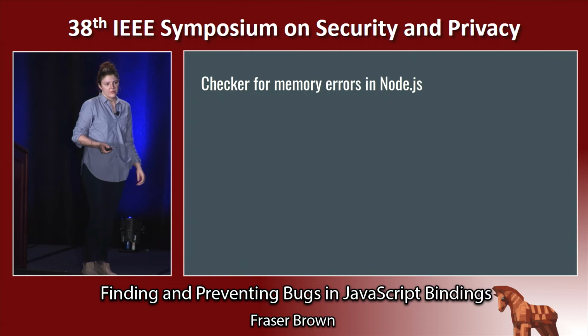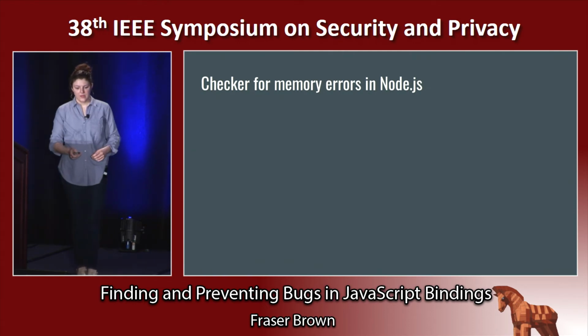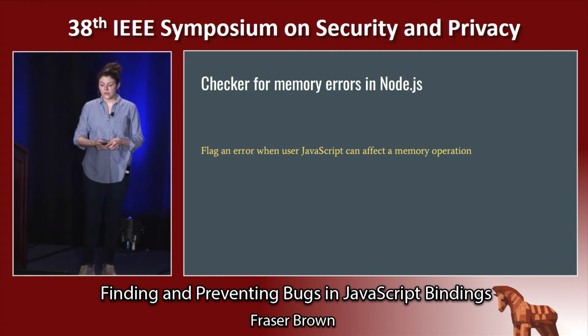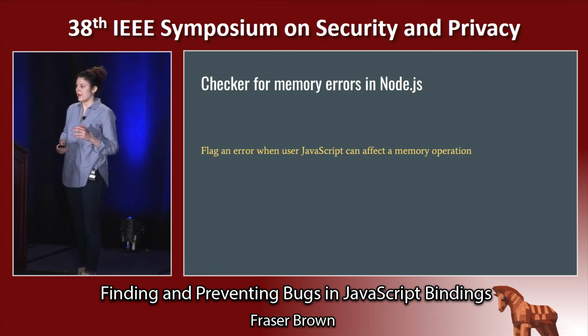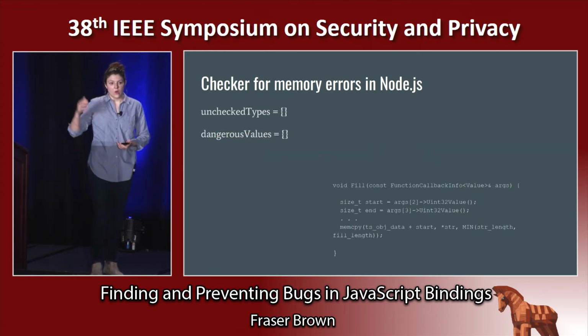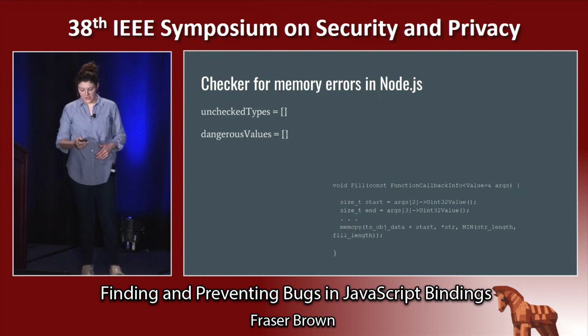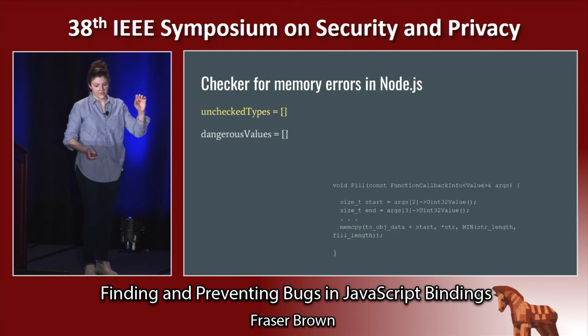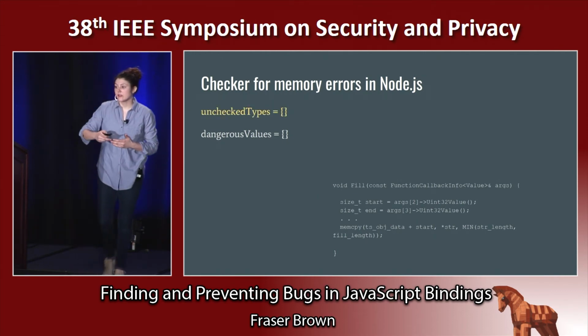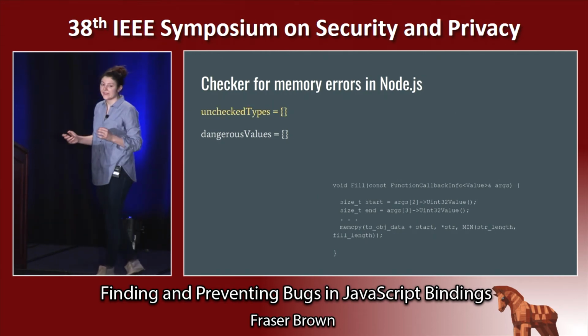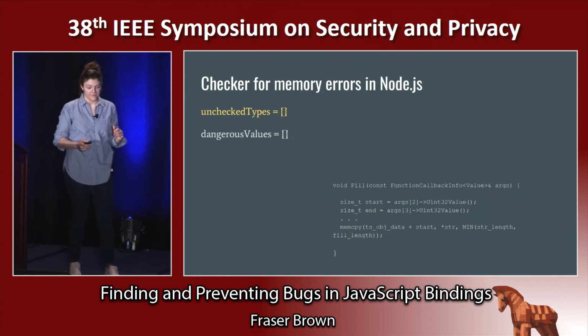We found this bug using a checker that looked for any place where user JavaScript can affect a memory operation, like memcpy or a malloc. This checker walks through source code, keeping track of two pieces of information. It keeps track of unchecked types, which are all incoming arguments that have not yet been explicitly type checked in the binding layer.